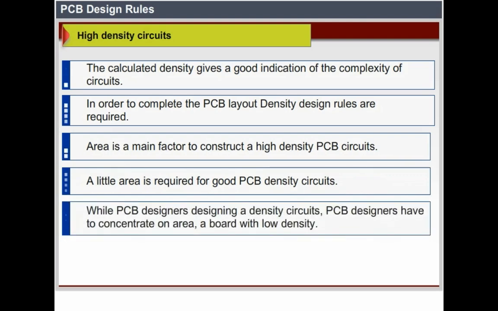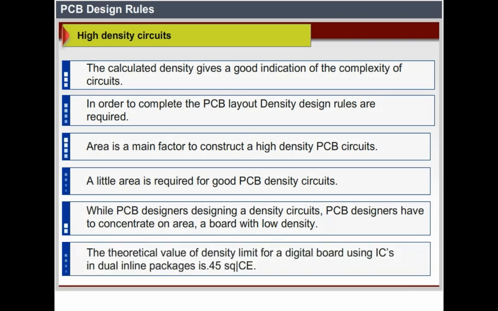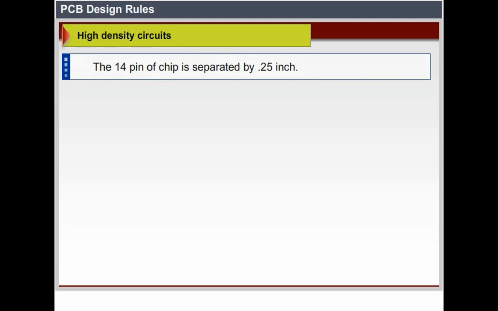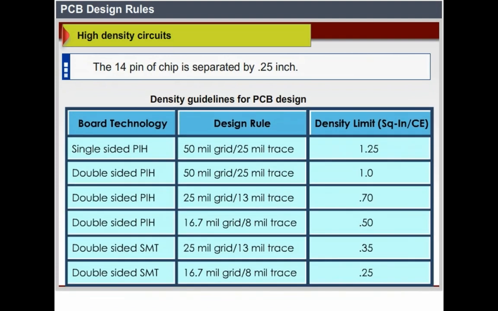When PCB designers design high-density circuits, they have to concentrate on area versus a board with low density. The theoretical value of density limit for a digital board using ICs in dual inline packages is 0.45 square inches per IC. The 14-pin chip is separated by 0.25 inch. Density guidelines for PCB design are shown in the figure.